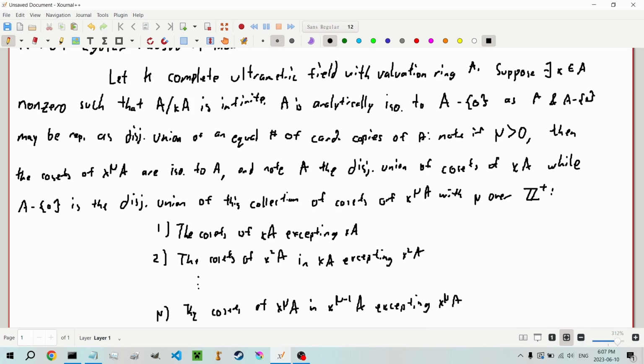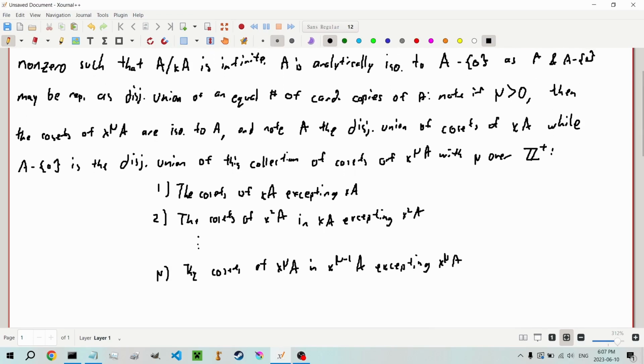Now, since a over xa is infinite, both sets of cosets have the same cardinality.